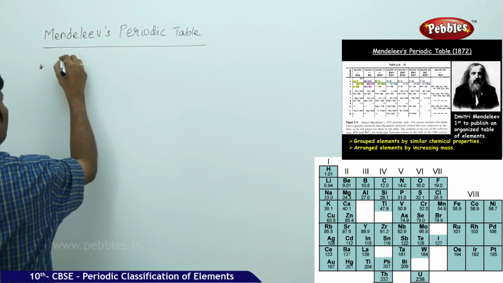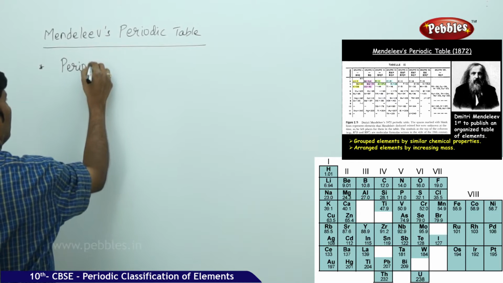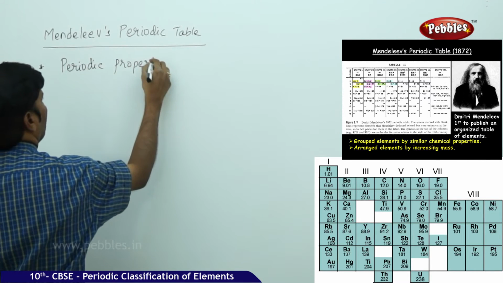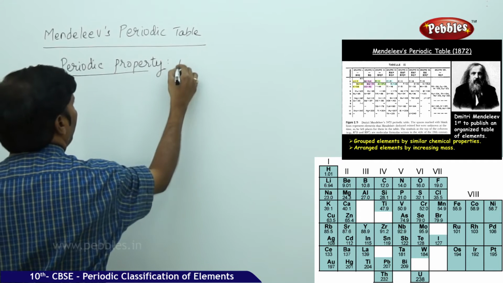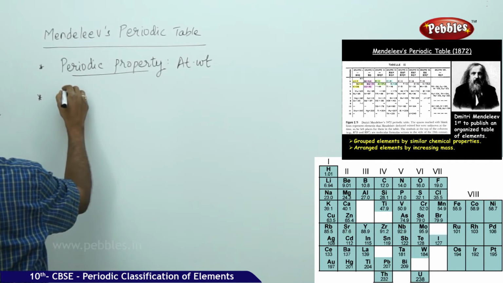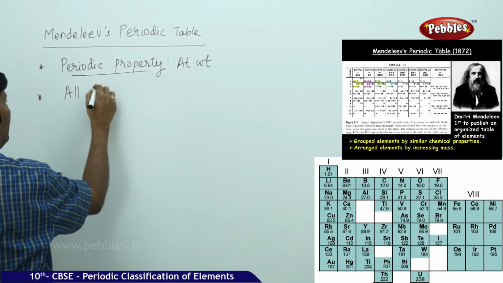So here, the periodic property is atomic weights.